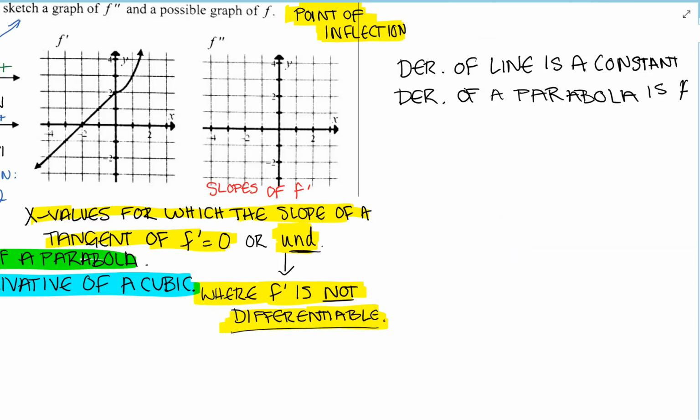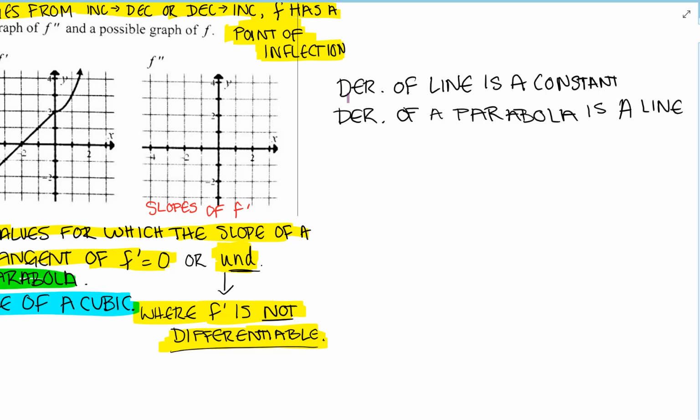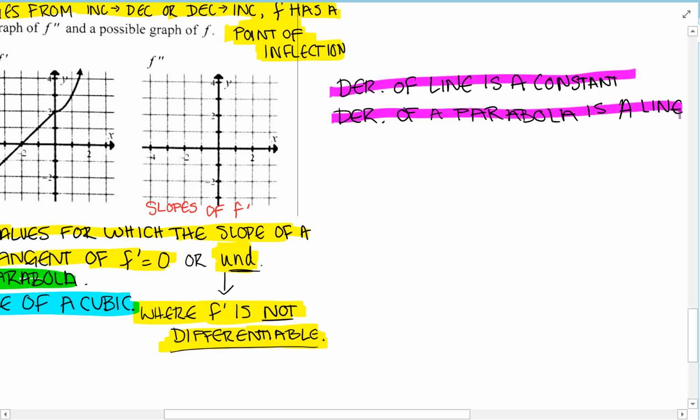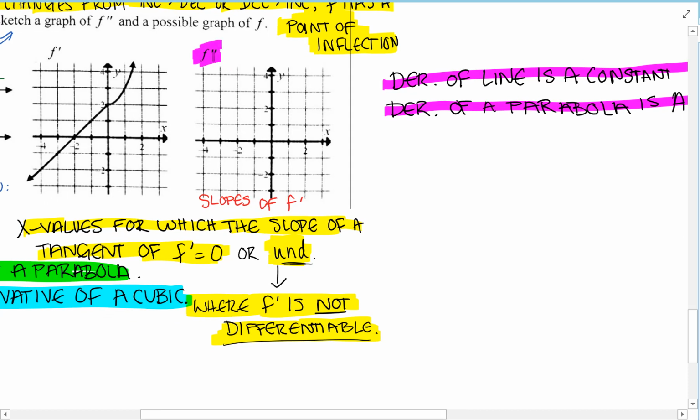Since I previously noticed that the left half of f prime is a line and the right half is a parabola, the derivative of a line is a constant, and the derivative of a parabola is a line. So to the left of the y-axis on f prime prime, I will have a constant, meaning a horizontal line, and to the right, I will have part of a parabola. And at x equals 0, f prime prime will have a hole.